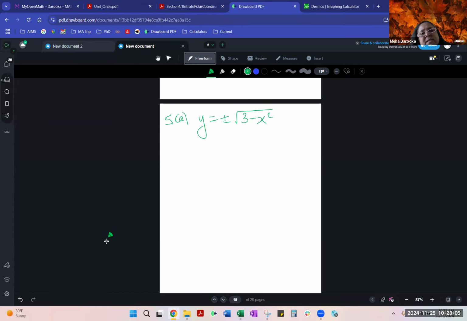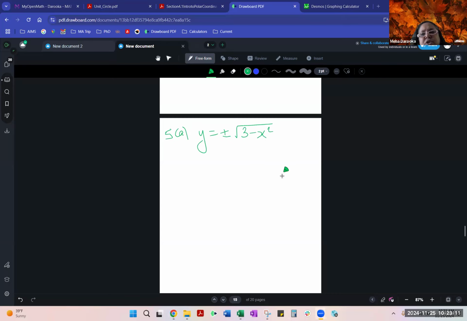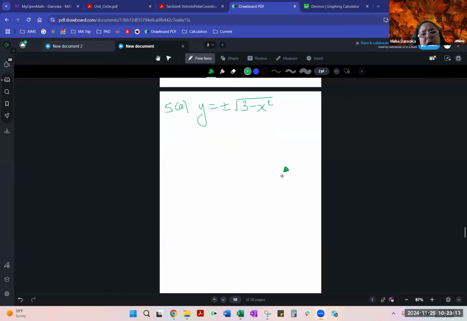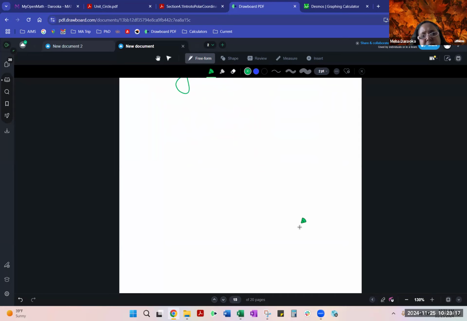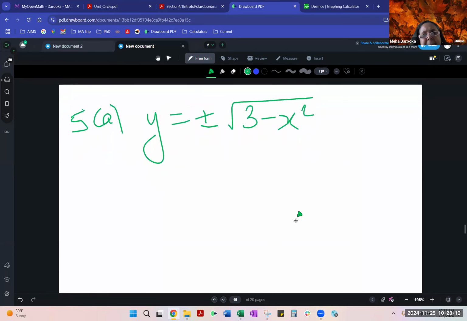So we need to write this in the polar form. So give it a thought and tell me, where would you start on this guy? And let me make this slightly bigger so you can see that better. How would we go about, because remember, this is where we need to get rid of x and y and bring in r and theta.